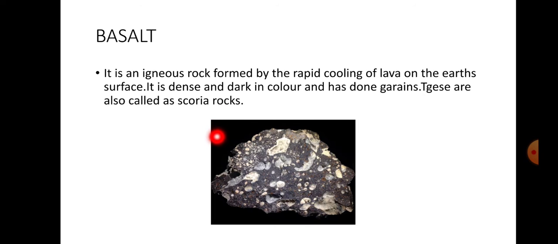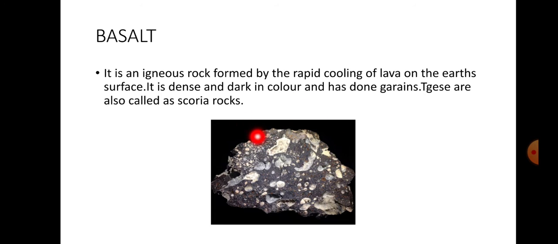Basalt is an igneous rock formed by the rapid cooling of lava on the earth's surface. When a volcano erupts, the magma comes out in the form of lava. When this lava cools down immediately, it forms a rock known as basalt. It is dense and dark in color.